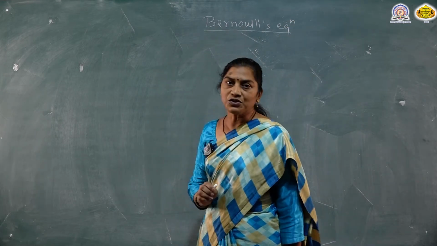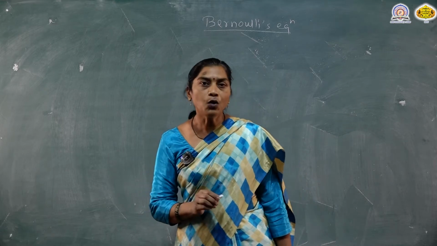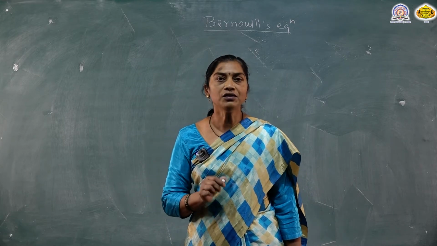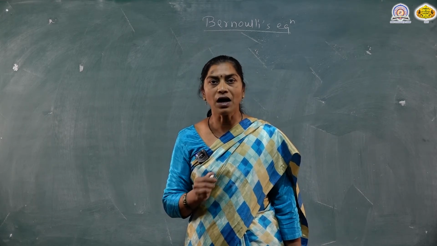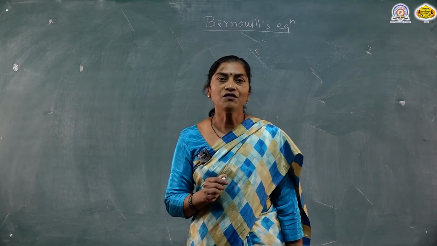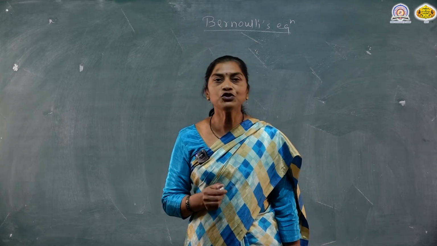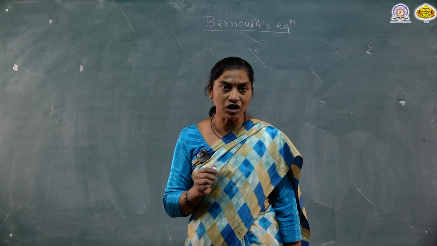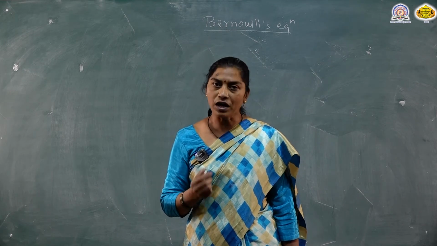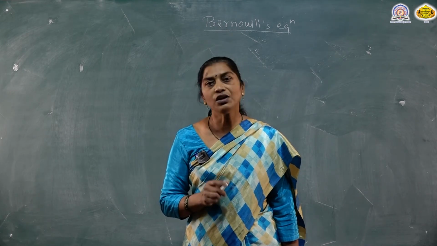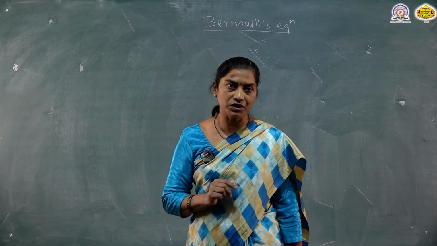In the previous lecture, we have studied how to solve linear first order differential equations by two methods. First one is separation of variables when the equation is homogeneous, and second one is variation of parameters method when the equation is non-homogeneous.